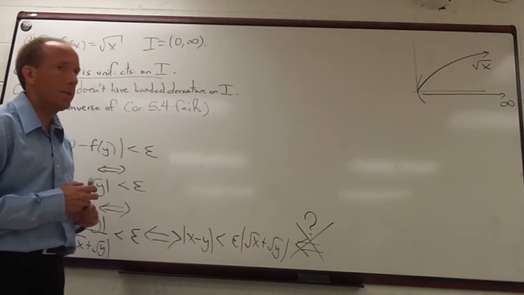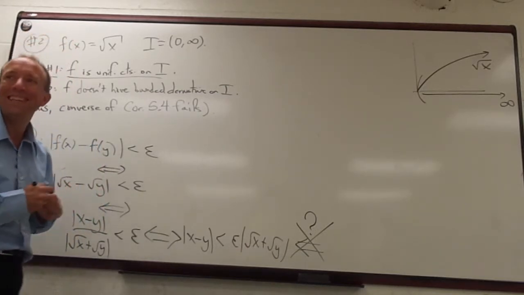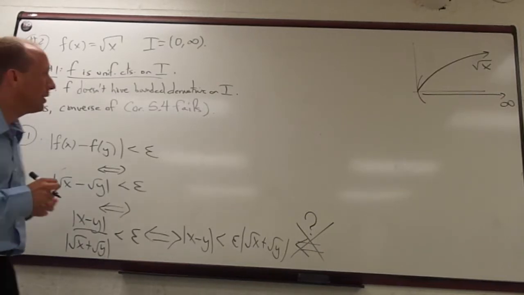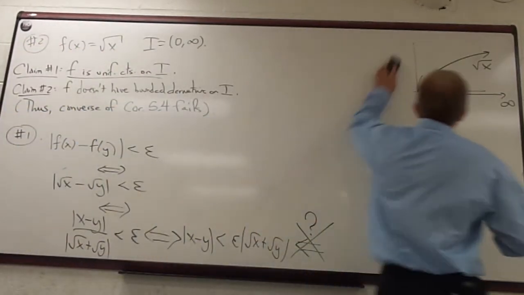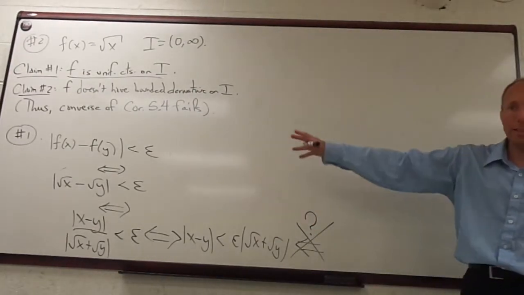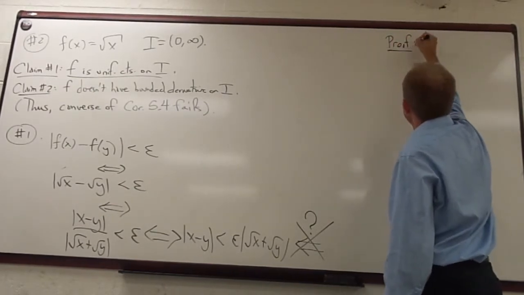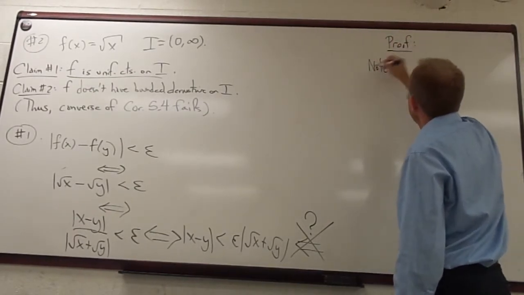So there's another way to do this, but it's a little tricky. Does everybody understand why this is problematic? See the issue there? So let me start off this proof with the following note.